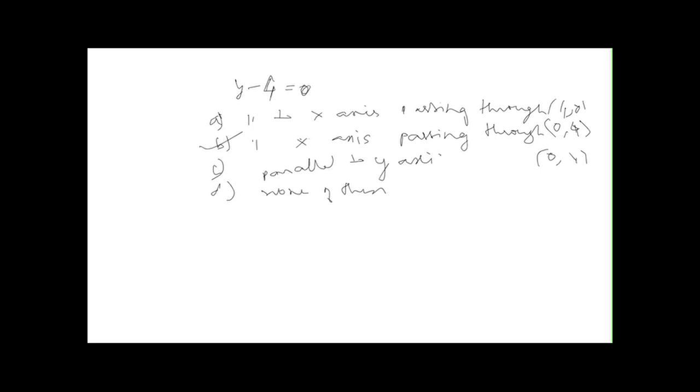Next question to Dhanaya. The point of the form A comma A is on x-axis, y-axis, the line y equal to x, or the line x plus y equal to 0.